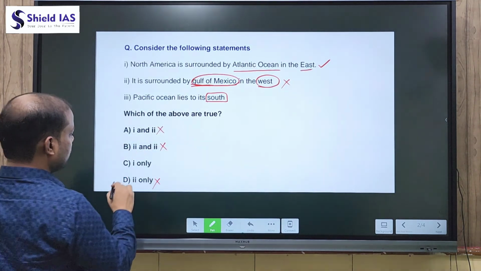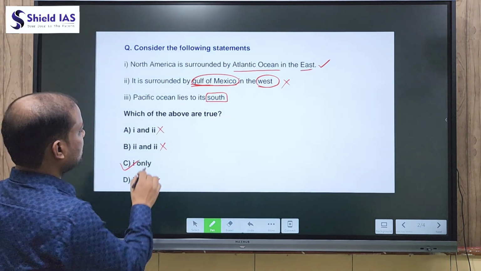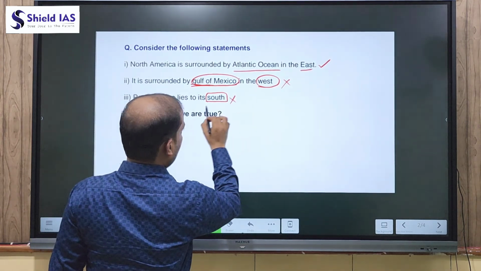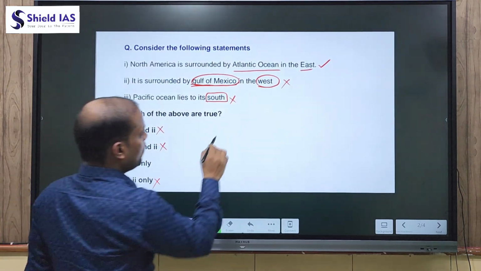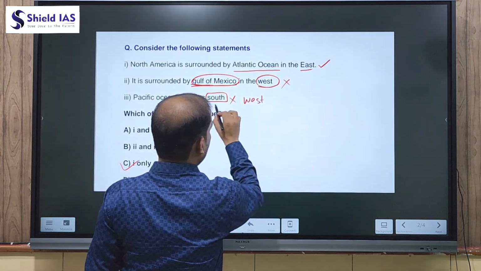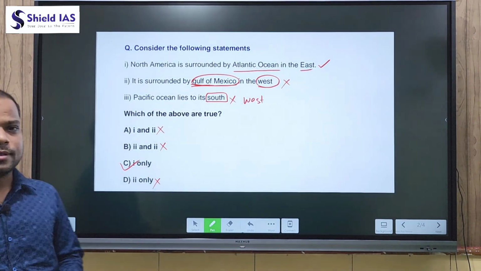And here the correct option is only one, that is C only. And the third statement says that the Pacific Ocean lies in the south. This is also incorrect. The Pacific Ocean lies in the western part of America and southwest of America, and not in the south. So here the correct option is C.